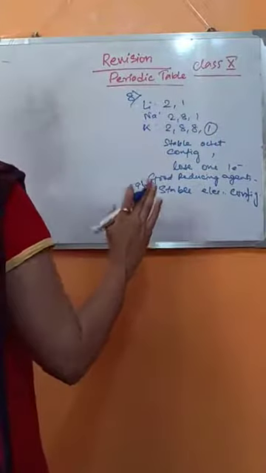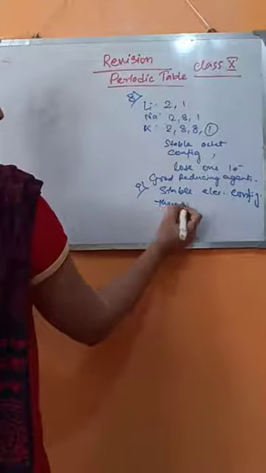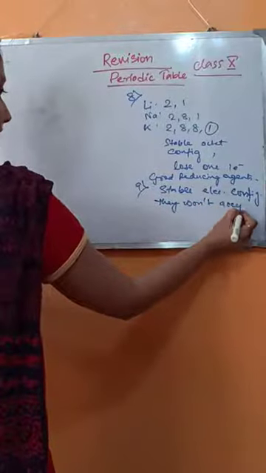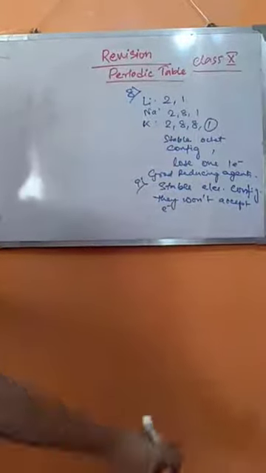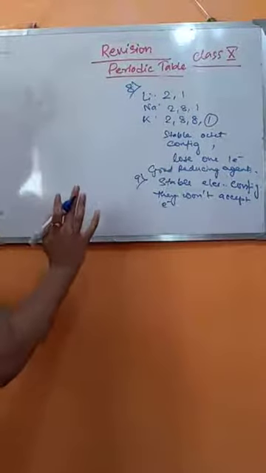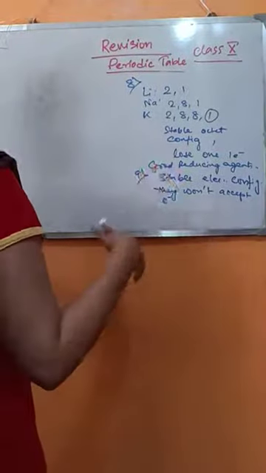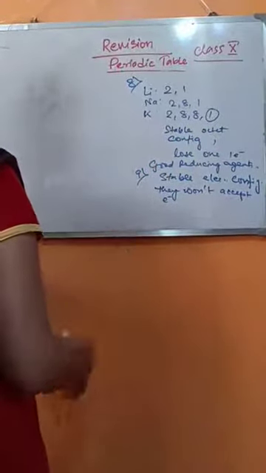They will always want to remain in their stability. So they won't accept an electron because they have a stable electronic configuration. So since they are not willing to accept an electron, they have low values of electron affinity.